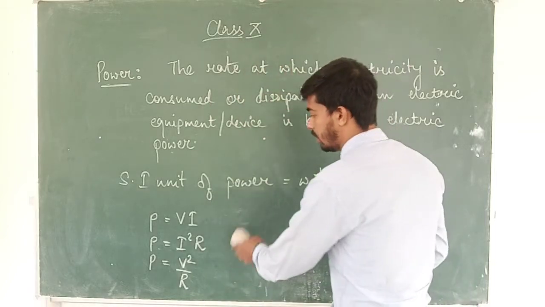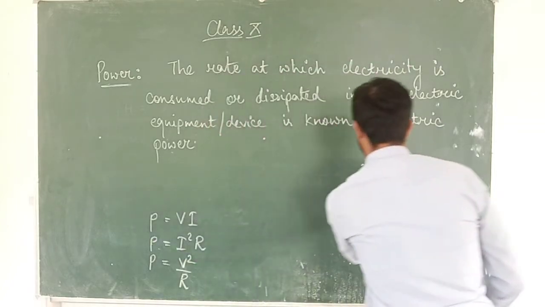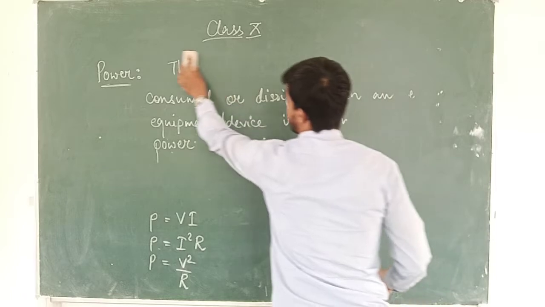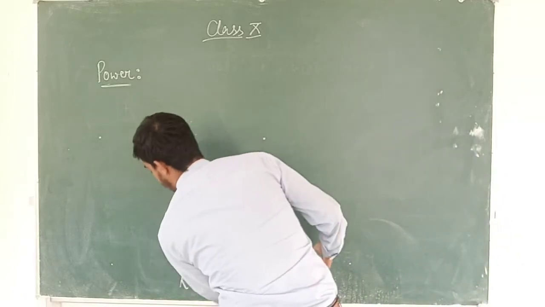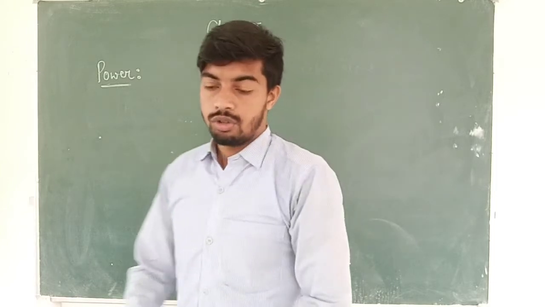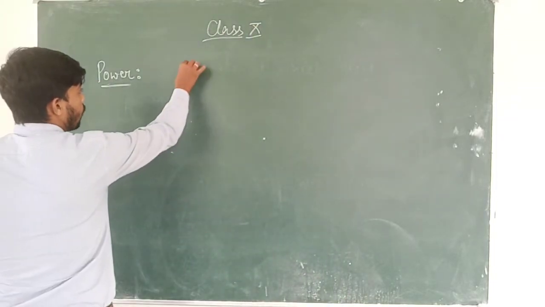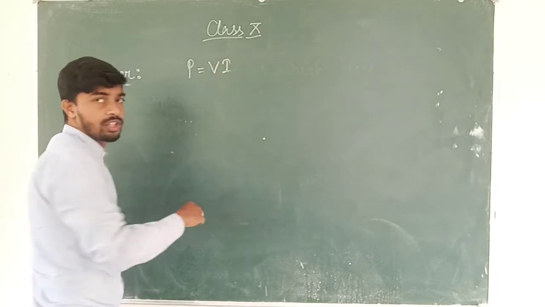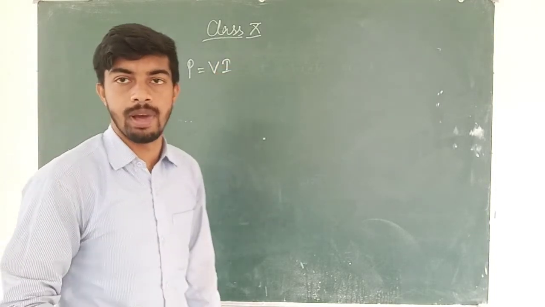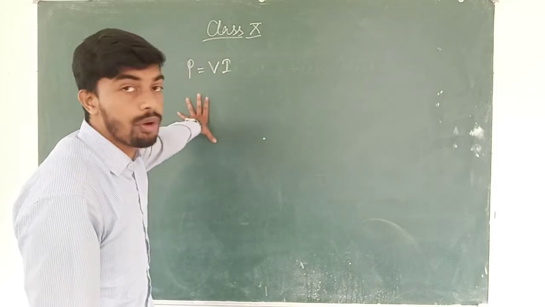So moving to the consumption of electricity, we will see how it is used. So power is given by the formula VI or I square R or V square by R. So this is the formula for power.